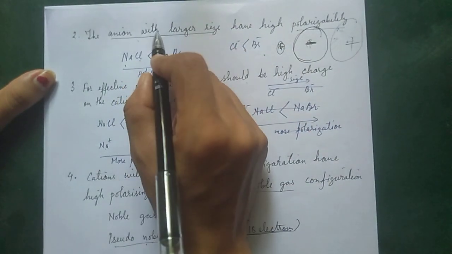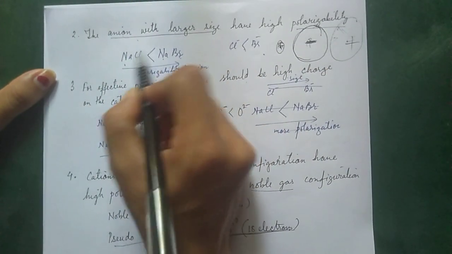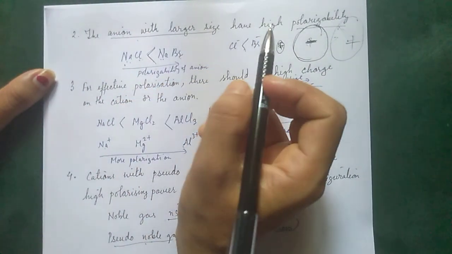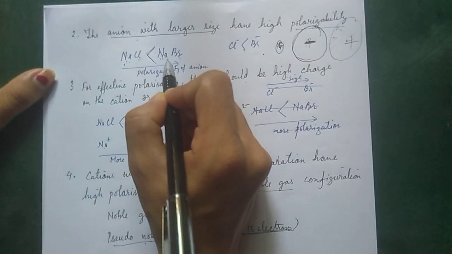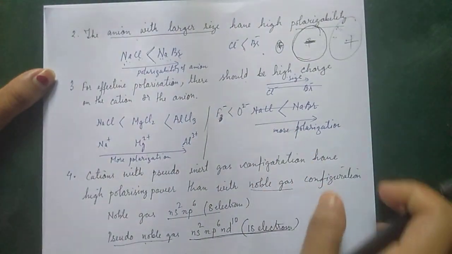So among NaCl and NaBr, NaBr is more polarized, and more polarization means more covalent character.